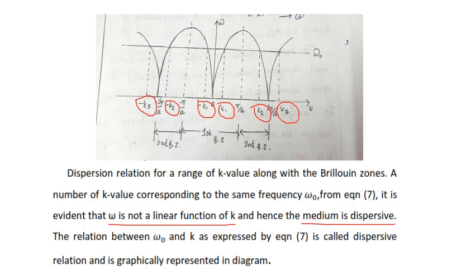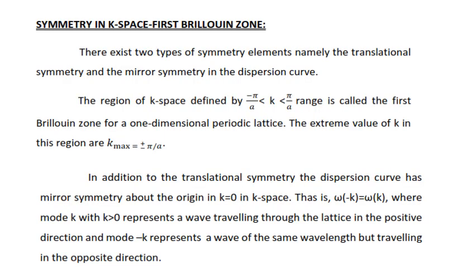Here, two types of symmetry take place. One is translational symmetry, another one is mirror symmetry. In the translational symmetry, the value of k should be between minus pi by a to plus pi by a. Hence it is called the first Brillouin zone.